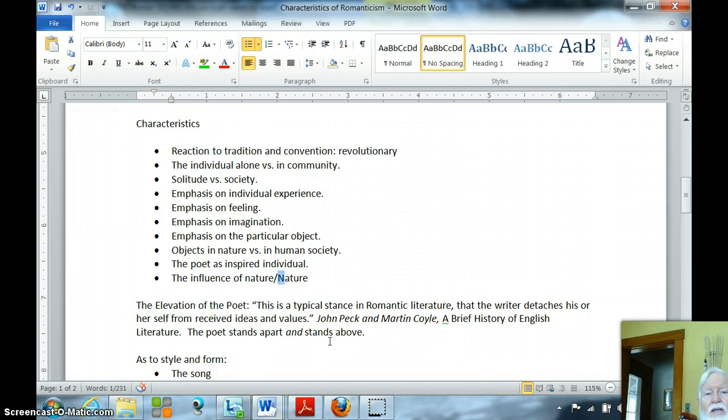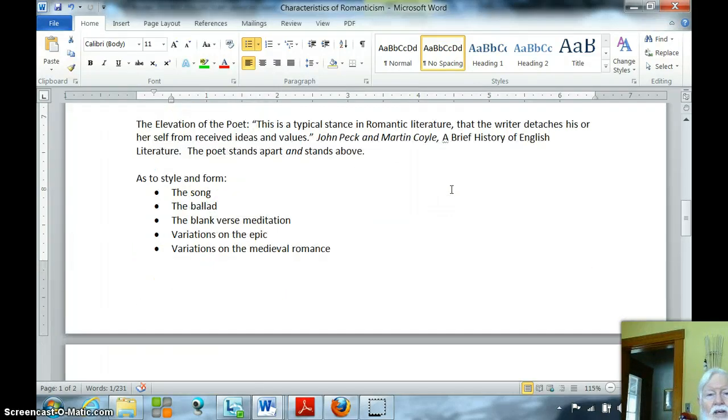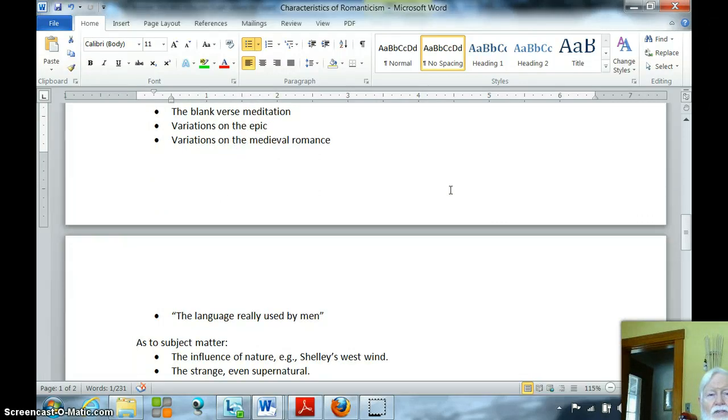And they write, this is a typical stance in Romantic literature, that the writer detaches his or herself from received ideas and values, meaning standing apart from the traditional and conventional, standing apart from community, standing apart from society. That's the bard.